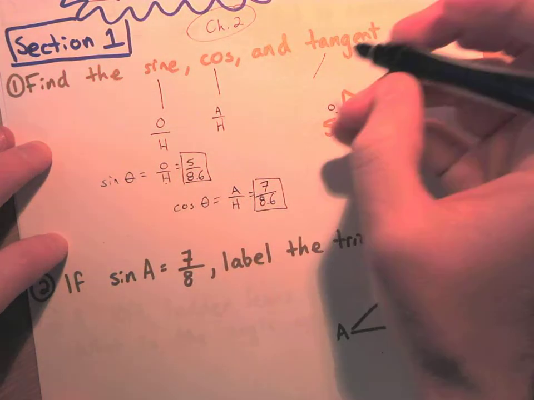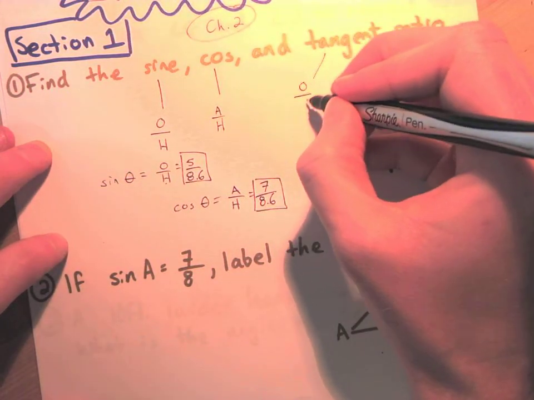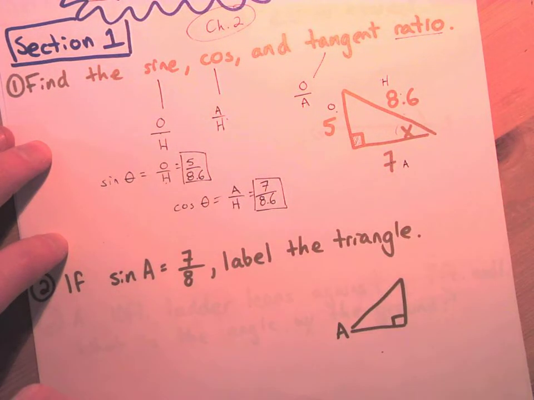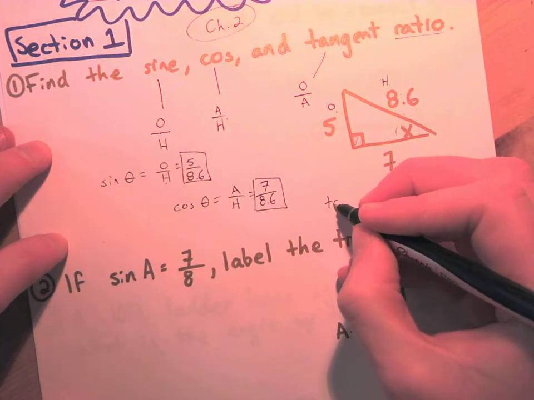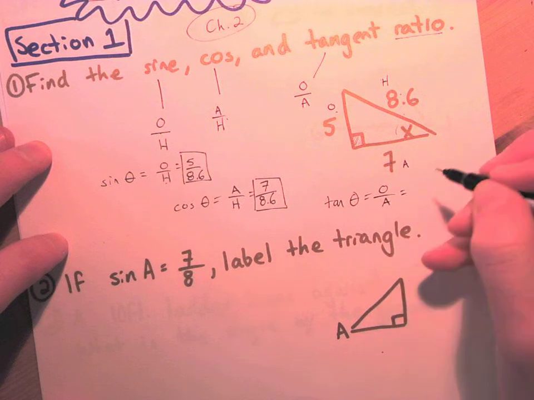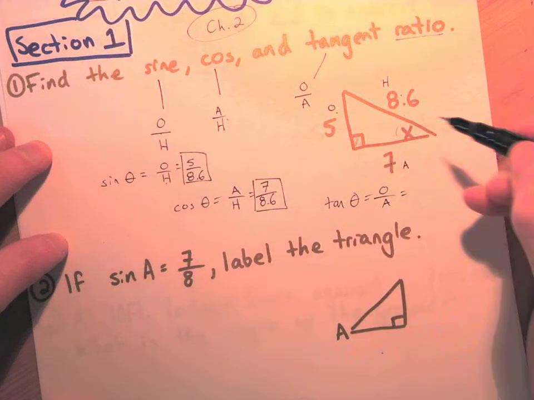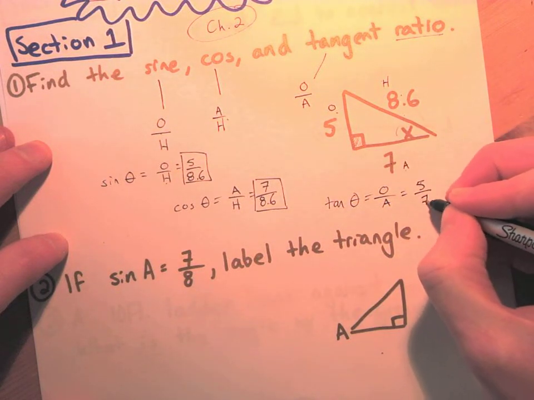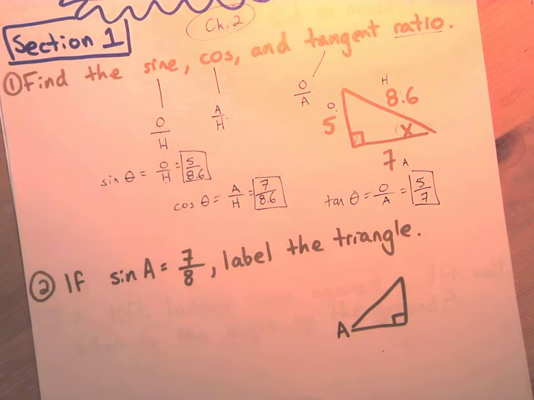Tangent is the same thing as tan, which is O over A. So our 3 main ratios: O over H, A over H, and O over A. So here, let's write it standard. Tan theta is O over A. Here O is 5 and A is 7. So 5 over 7 is the ratio for those 2 sides of this triangle.